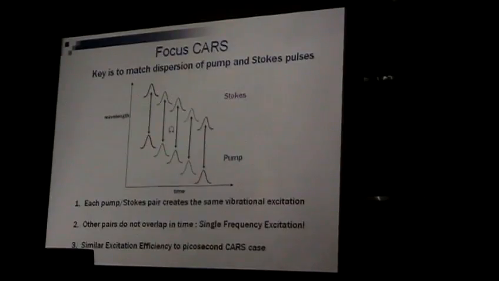So the idea is this. Now you have broadband pump and Stokes. If you stretch them identically, here the y-axis is wavelength and x is time. If you have the short pulse, all these different colors arrive at the same time. But now I stretch it, and this red pair has a frequency difference of omega, and this yellow pair, and all these pairs have an identical frequency difference.